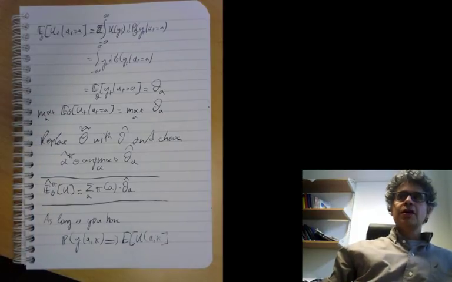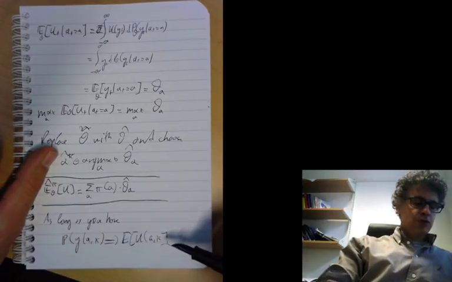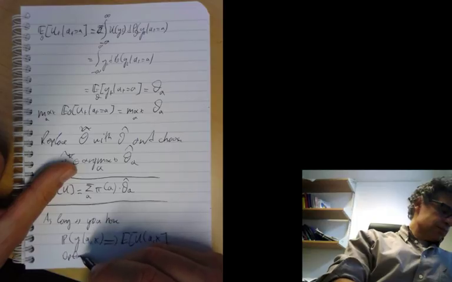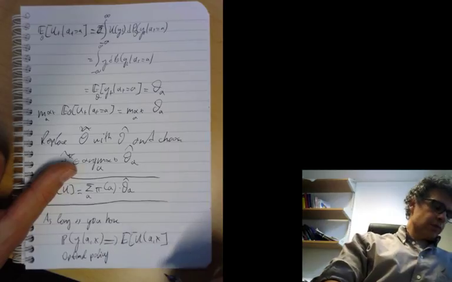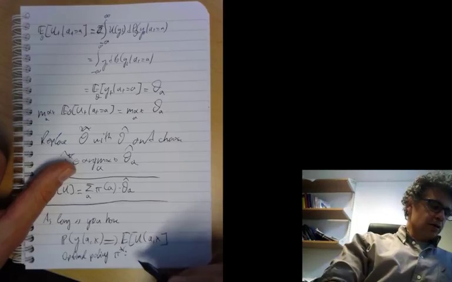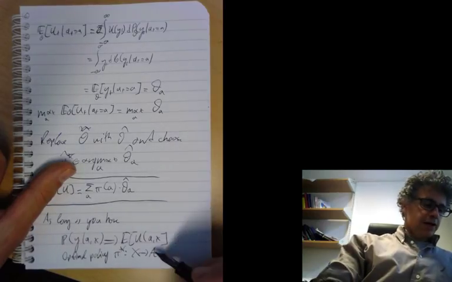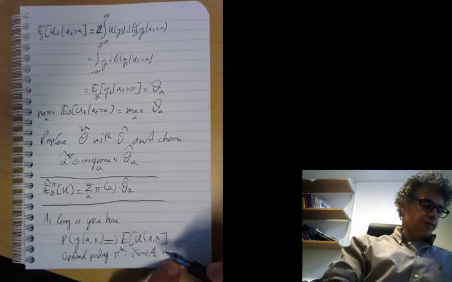And the policy that is optimized is the policy that maximizes this for every possible X. So it defines a mapping basically from X to A that maximizes expected utility according to some estimate of the distribution.